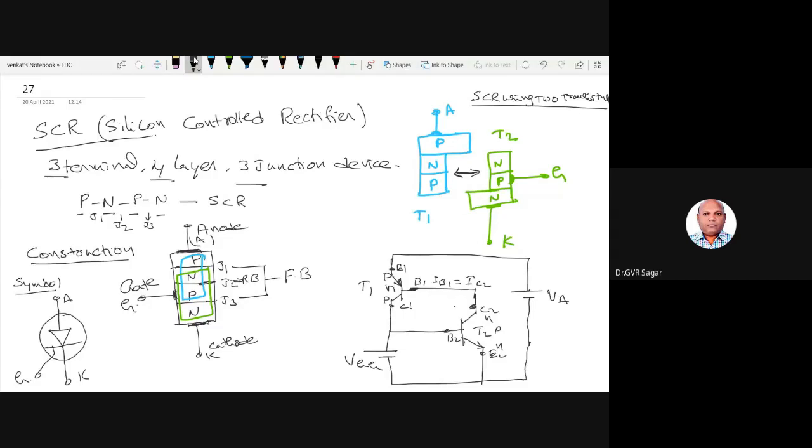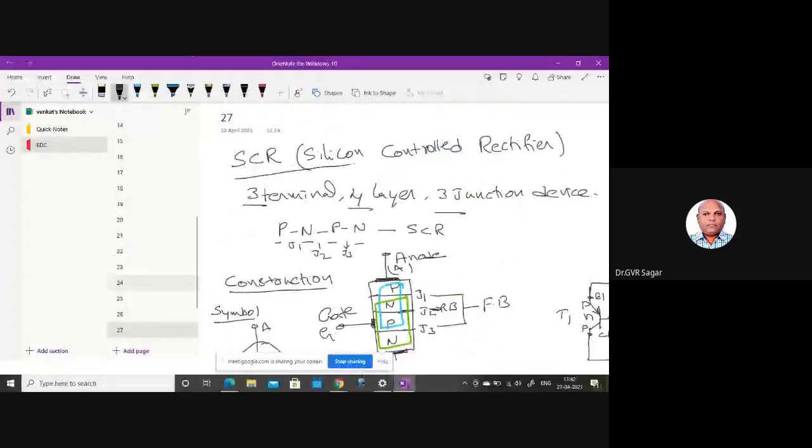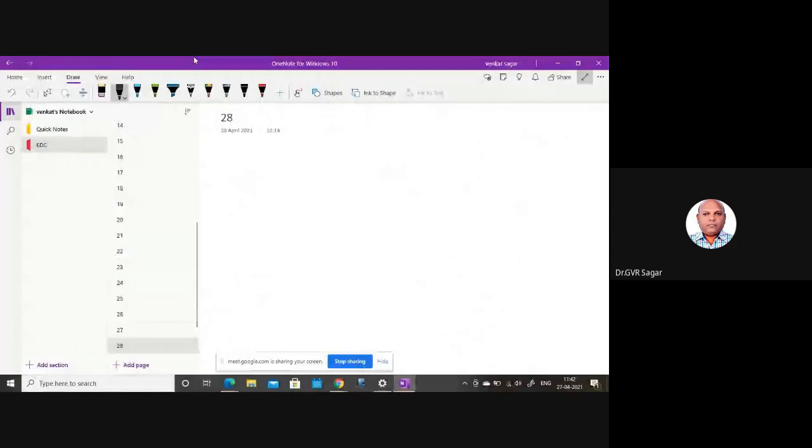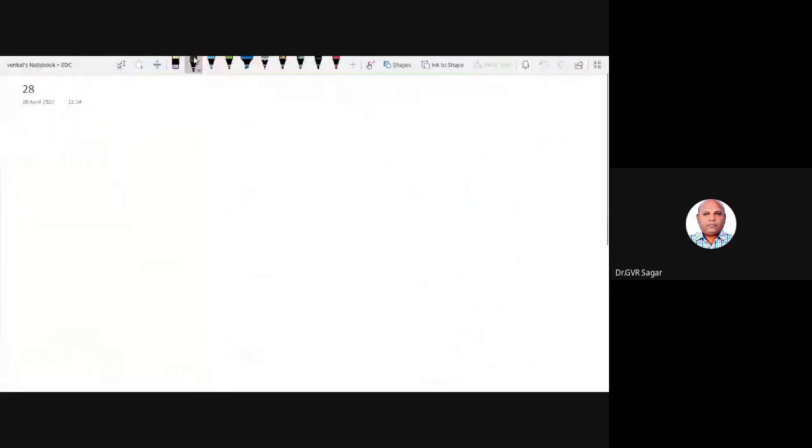So this is the one construction diagram using the general silicon controlled rectifier, and with the help of two transistors, how we can construct the SCR, and what is the equivalent circuit for this one. Now we will go through the operation part. SCR operation.